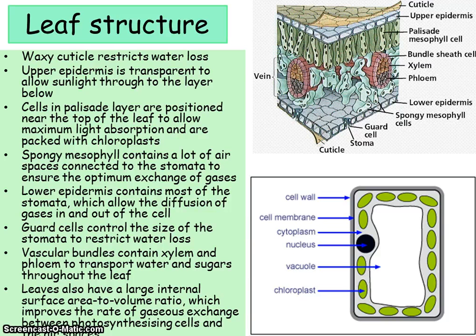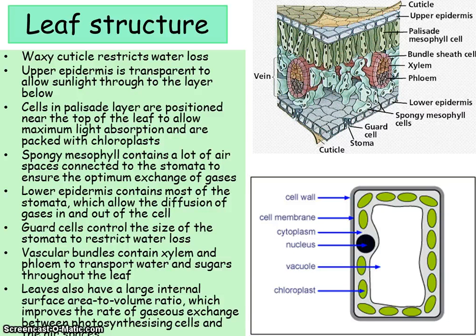Then you've got your spongy mesophyll, which contains a lot of air spaces connected to the stomata to ensure the optimum exchange of gases. Very common exam question where they say, what are the gaps for? The lower epidermis contains most of the stomata. Think about epidermis as like skin.